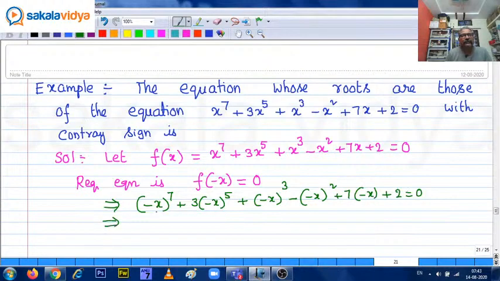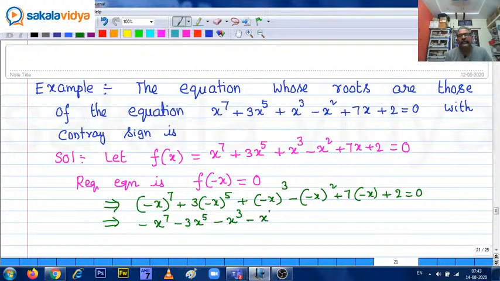This is minus x to the power of odd. You get minus x to the power of 7, and minus x to the power of an odd number gives minus x to the power of 5, that is minus 3 times x to the power of 5. This is minus x cube. But minus x whole square is the even power, so it is plus x square, but before that we have a minus.